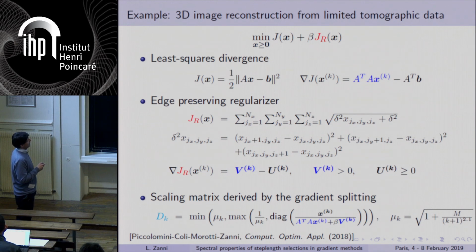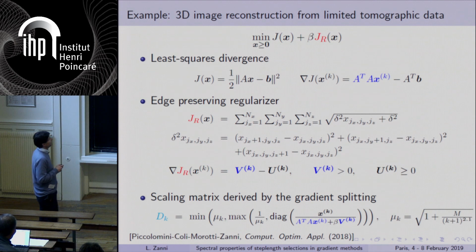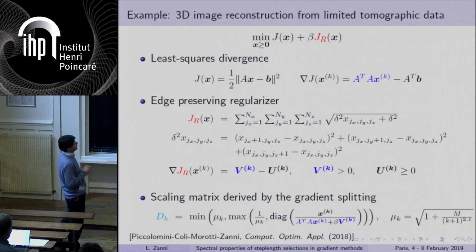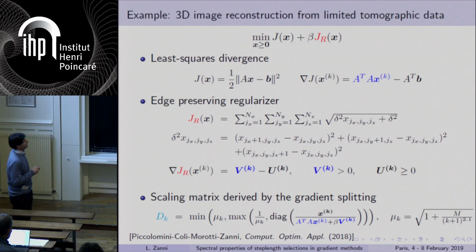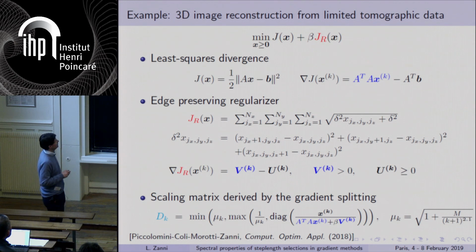I consider an image reconstruction problem in computed tomography. In this case, the optimization problem is this one, in which I have the least square discrepancy function and a smoothed total variation term as a regularization term, and simply non-negative constraints.